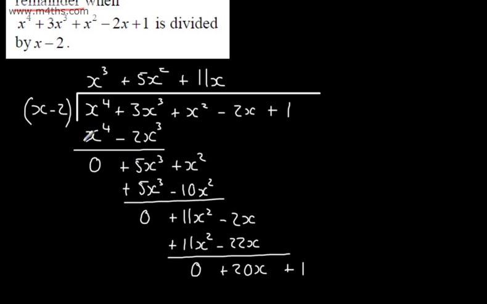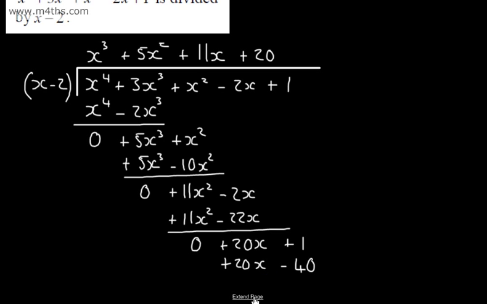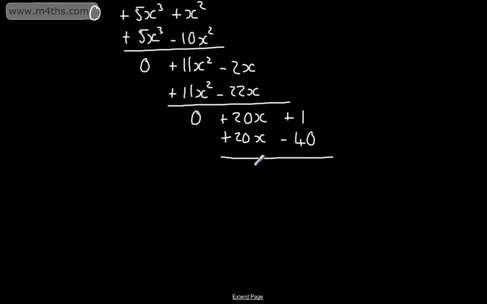And then we go back. x is into 20x is going to be plus 20. We multiply down, that's going to give us plus 20x, and then minus 40. Subtracting down, we're going to have 0, and then plus 41.